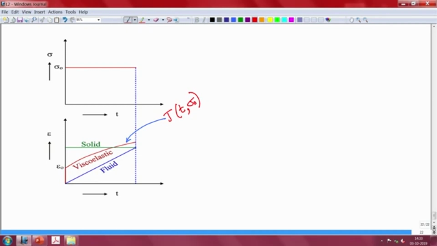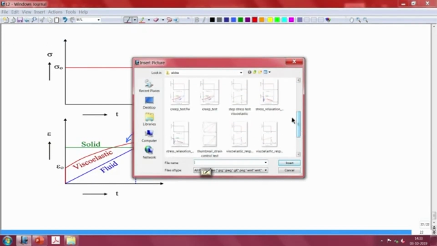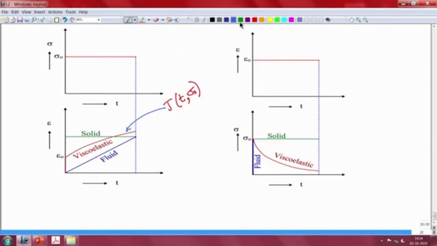So, this is the creep, and in the next one, the stress relaxation phenomena, we introduced ourselves to the other phenomena where we said we are applying a known amount of strain and then the stress decreases over time. So, this curve was denoted as G(t, epsilon). Once again it shows you that it is a function of two very important variables, time and the known amount of strain imposed.